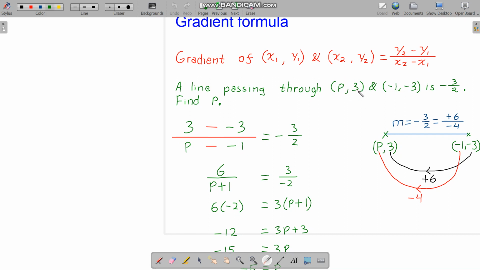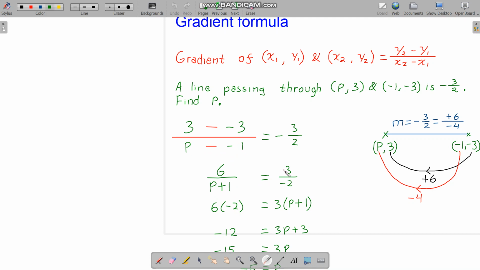For the left point, the y value is 3, so we do delta y: 3 minus minus 3. For the x values, P minus minus 1, and it is supposed to be equal to the gradient. 3 minus minus 3 is 6, P minus minus 1 is P plus 1.